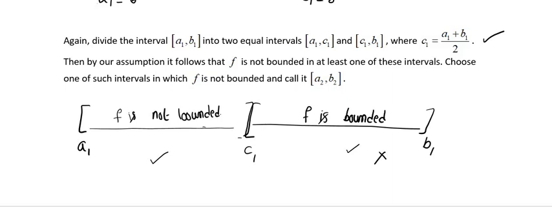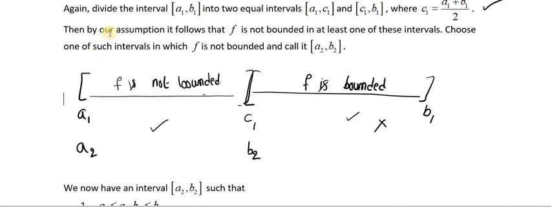So again we are going to rename this closed interval A1 C1 as A2 B2. That means in this closed interval F is not bounded. And also we can observe certain points regarding this closed interval A2 B2.